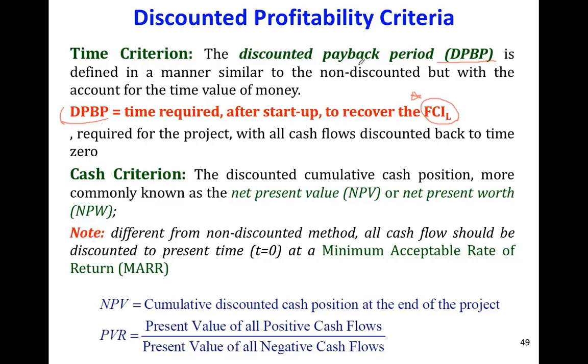The DPBP is the discounted payback period, the time required after the startup to recover your fixed capital investment by considering the value of the money. For the time criteria, we will use a period, a time.